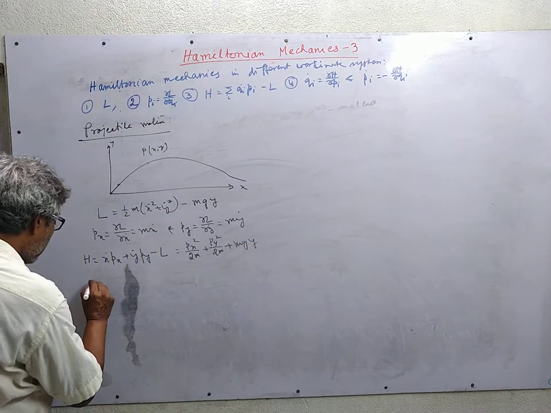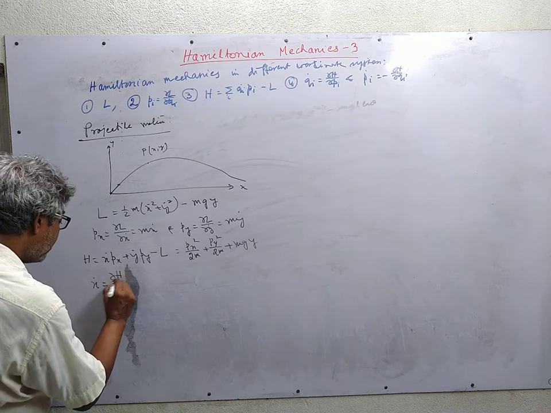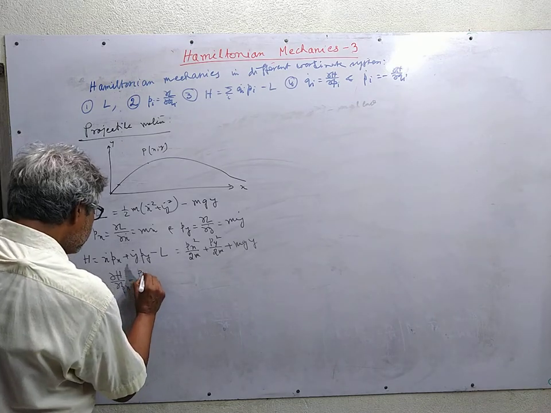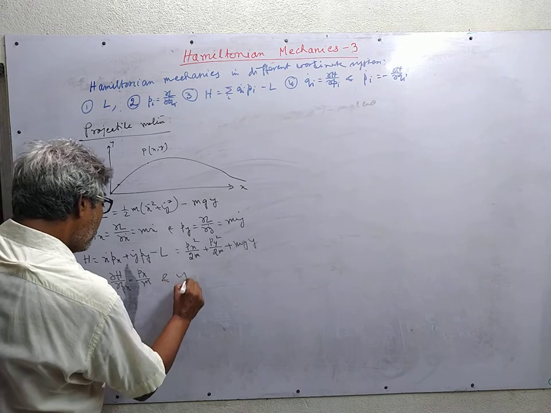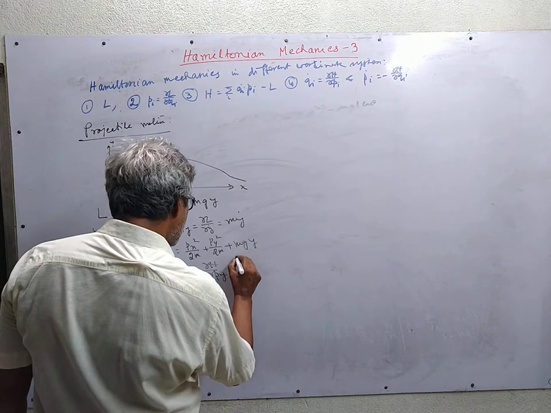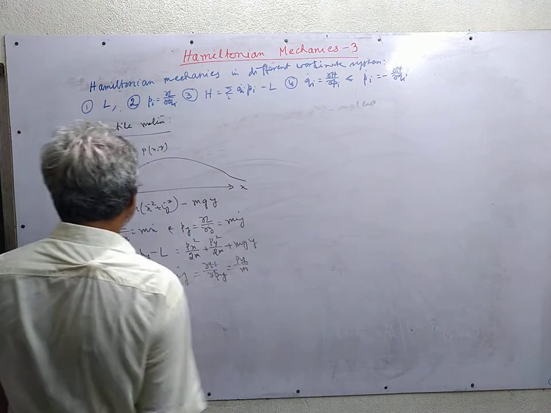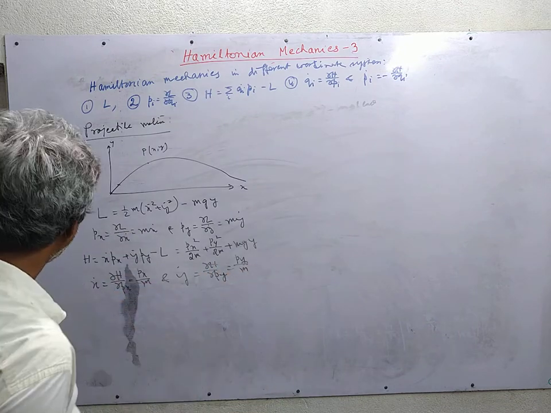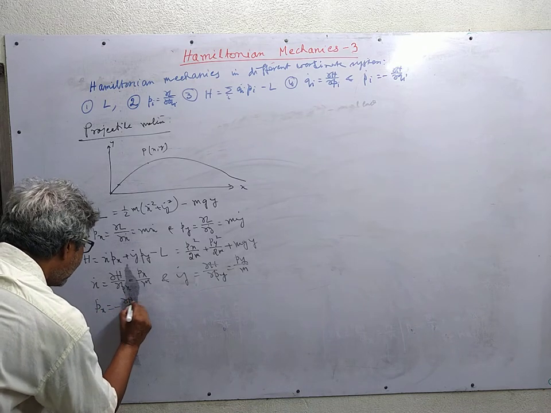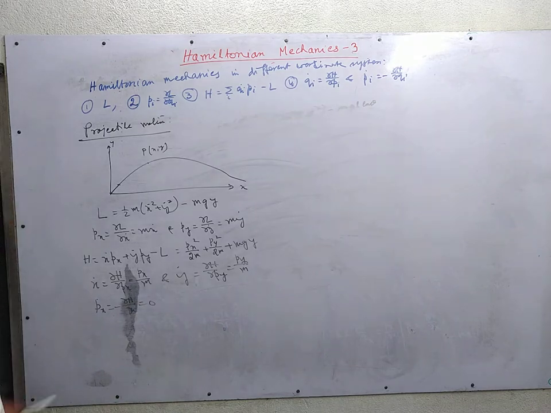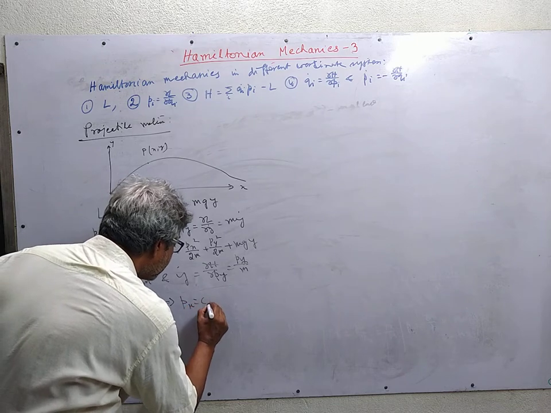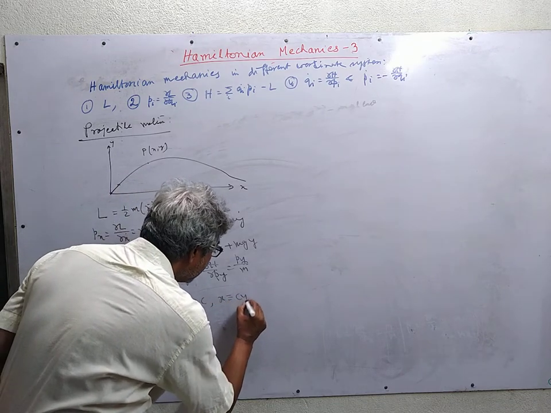Now x dot is equal to del H del Px, which is Px by m, and y dot is equal to del H del Py, which is Py by m. These are the two equations. Px dot is equal to minus del H del x, which is 0 because there is no x dependence, which says that Px is constant, so x is cyclic.